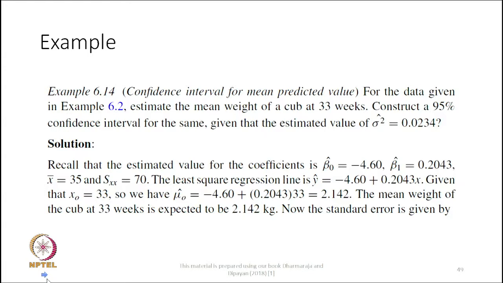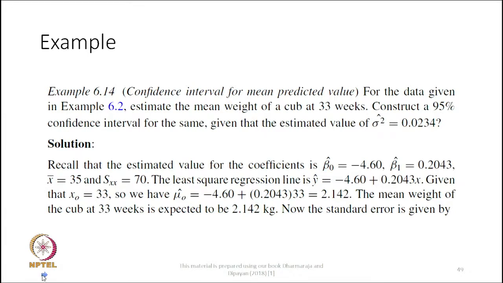From the least squares regression line you get y cap equal to minus 4.6 plus 0.2043 x, and given that x naught is 33, you can estimate mu naught cap, which is equal to 2.142. So, the mean weight of the cub at 33 weeks is expected to be 2.142 kg.